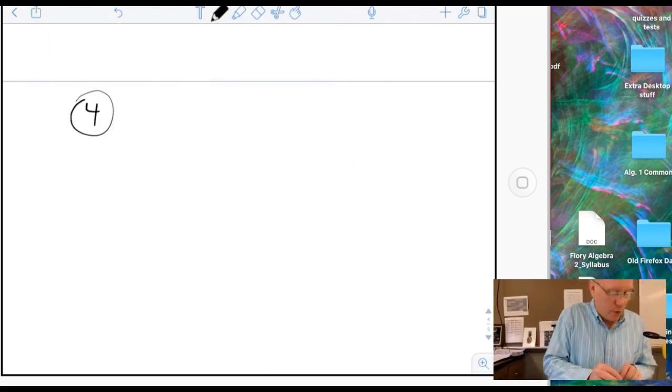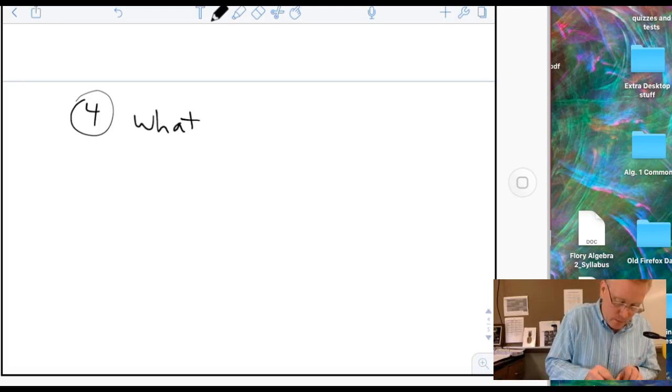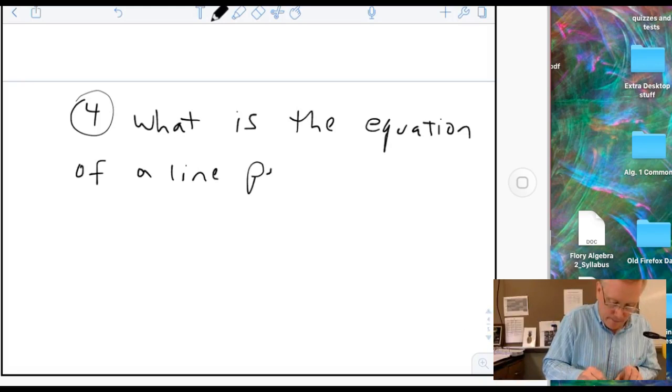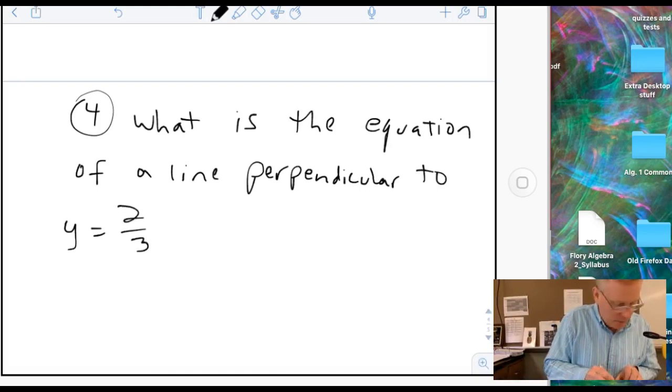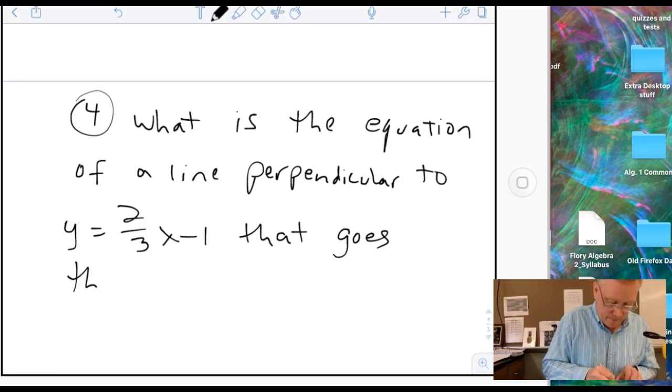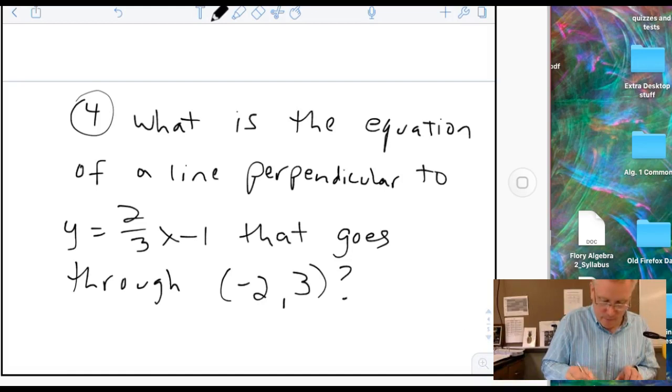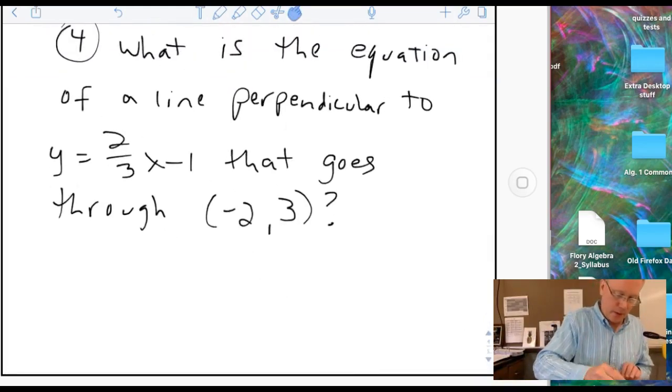What is the equation of a line perpendicular to y equals 2/3 x minus 1 that goes through negative 2, 3? Okay, so it's you try. Hit pause and come back and I'll show you the answer.